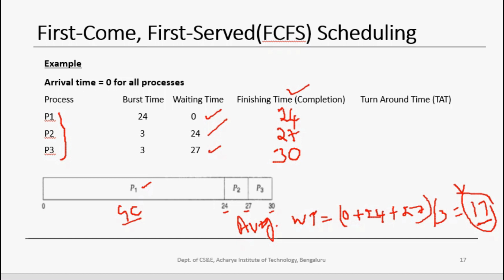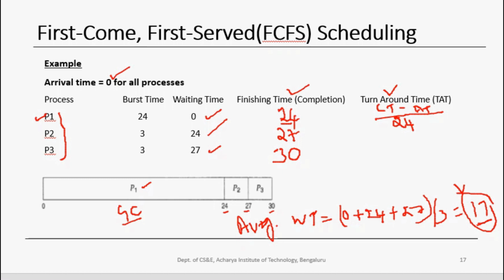Now from this you can calculate the turnaround time. Turnaround time can be calculated in two different ways. Now let's use this formula: completion time minus the arrival time, or the finishing time minus the arrival time of the process. P1 completes at 24, but it arrives into the ready queue at time equal to 0. Therefore the turnaround time is 24. Only if the arrival time changes will this turnaround time change, otherwise it will be the same as the finishing time.